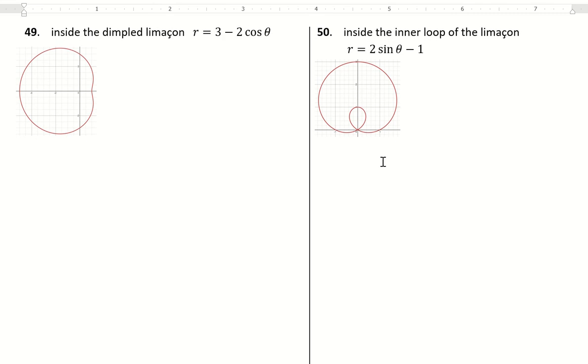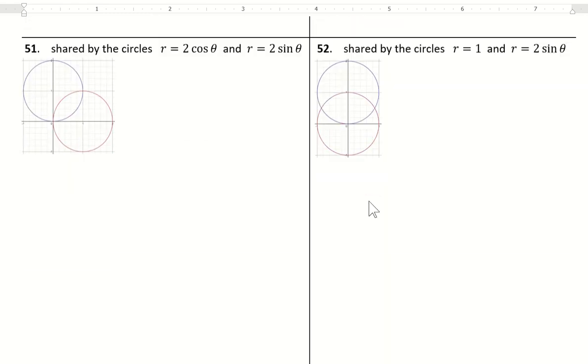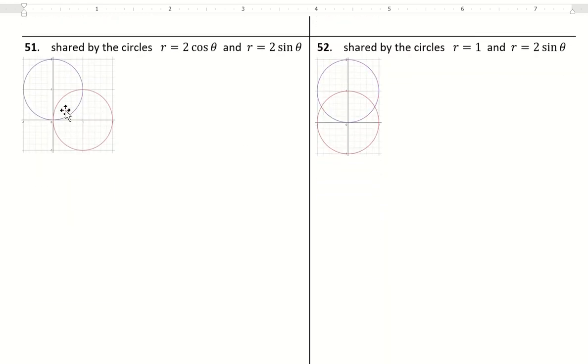Dimpled limacon. Double check your intervals. Inside this loop. Okay, we kind of did that. And then you get into these. Ooh, what's being shared by the circles? That's interesting.